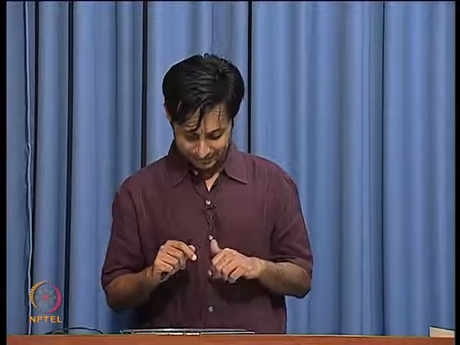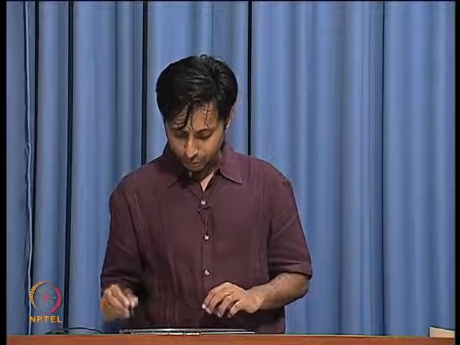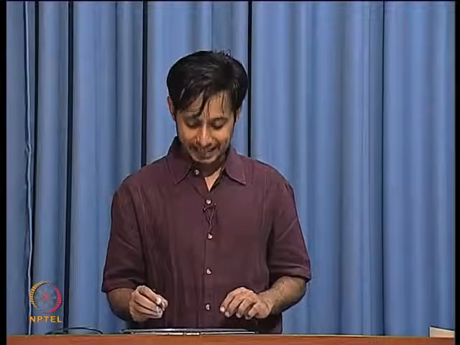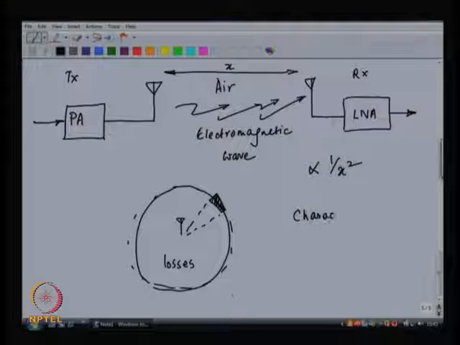We also like to handle as much power as possible, and under all of these circumstances, we choose a certain characteristic impedance of the antenna. So, I am going to come to this word again and again. Right now, just treat it as a word, characteristic impedance.